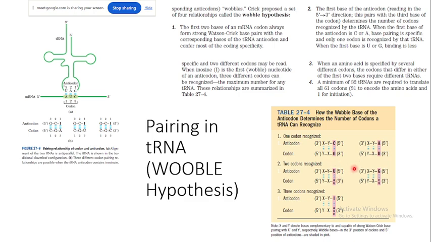But if the first two nucleotides are the same, then it depends on the nucleotide in the wobble position. For example, C can detect only G, and A can detect only U. So despite no change in the first two nucleotides of the codons, these two codons still require two different tRNAs, although the first two positions are the same.